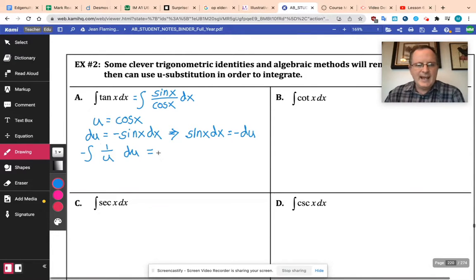So this is going to be the negative natural log of the denominator, because the derivative of the bottom is the top, right? Plus c. Cosine, of course, can be all over the place, but we don't need a natural log to be all over the place, so it's going to be the absolute value of cosine x plus c.